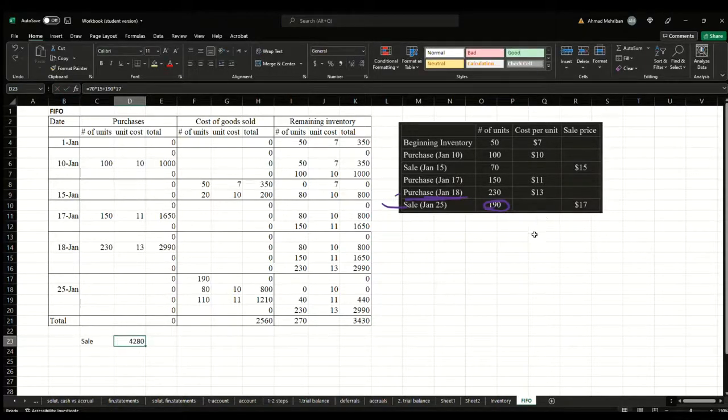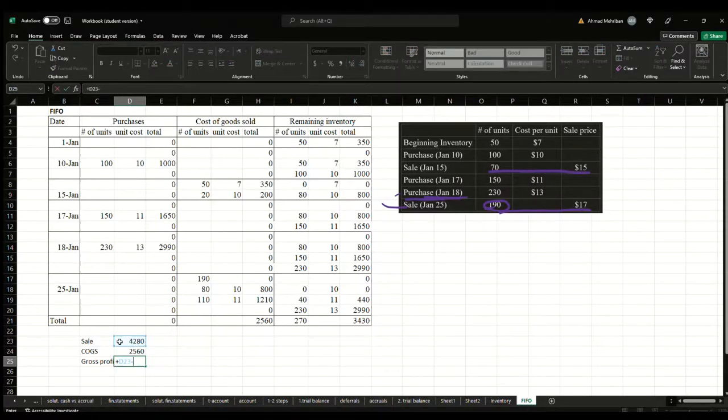So this is right from here. We don't need to guess, we don't need to second guess it. This is exactly the sales. When it comes to the cost of goods sold, we already made our calculations. It's 2,560, and so our gross profit is going to be easily calculated by doing this formula.